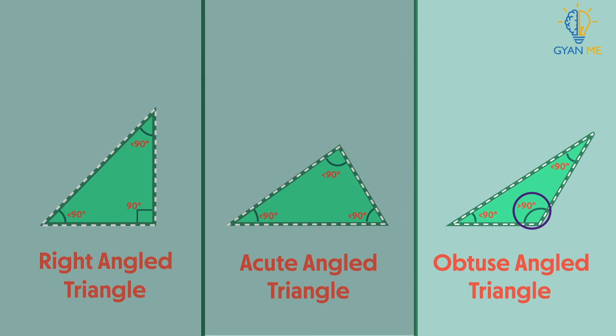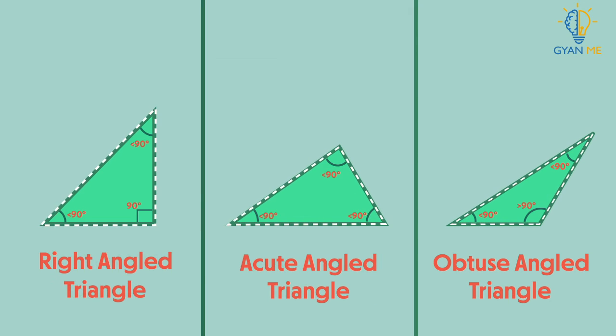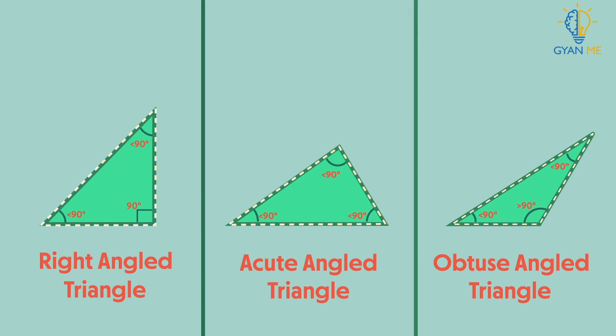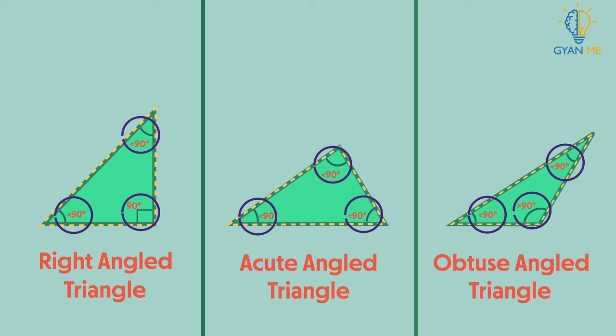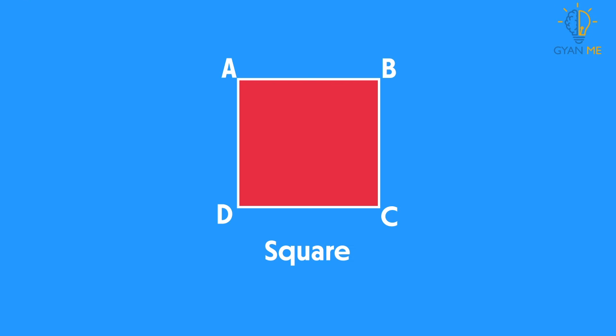Students, it would be amazing for you to know that triangle is a special shape. Do you know why? It is because, unlike a square or rectangle, a triangle can have different angles within itself. We all know that a square always has all angles 90 and all sides equal.